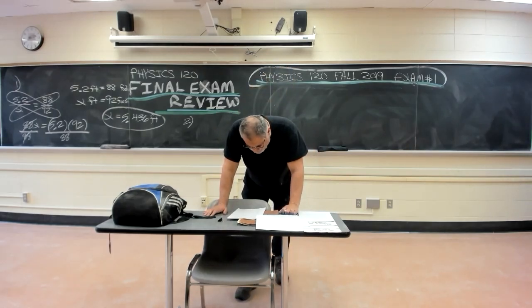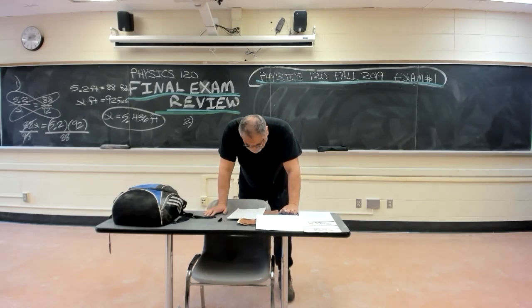2, graphical addition. Two vectors of magnitudes 20 meters and 50 meters are added together. Which one of the following is not a possible value for the magnitude of the resultant?